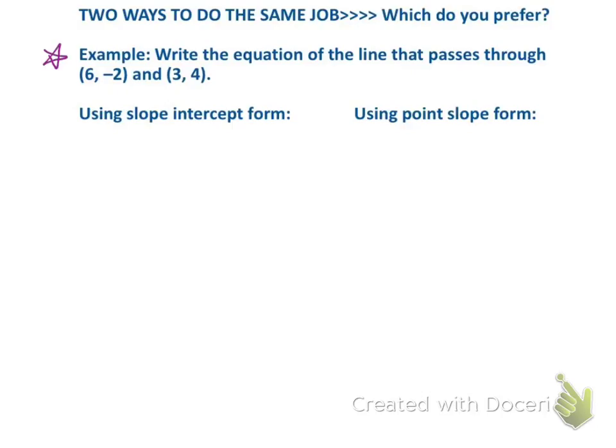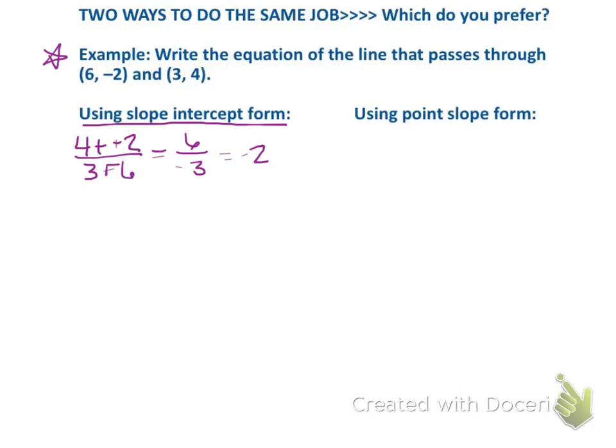This is a problem that we had for homework on Friday night. We could do it using slope-intercept form, which would look like finding slope, 4 minus -2 over 3 minus 6, which gives us 6 over -3, which simplifies to -2.